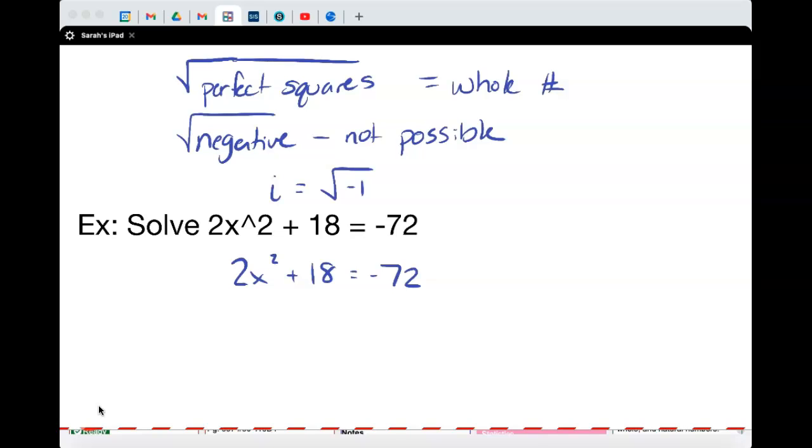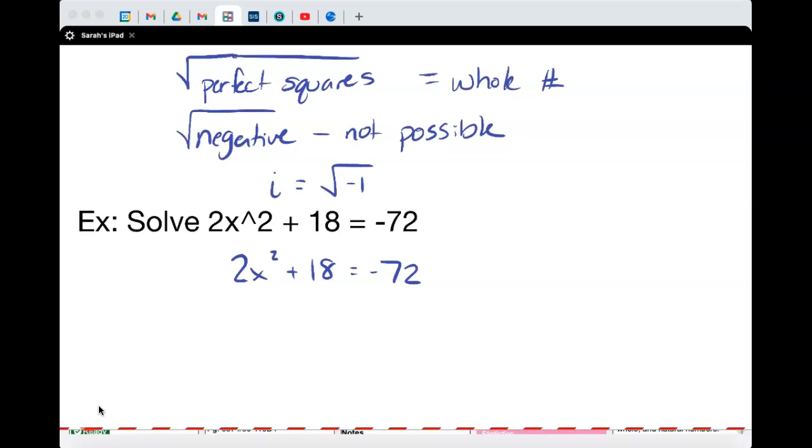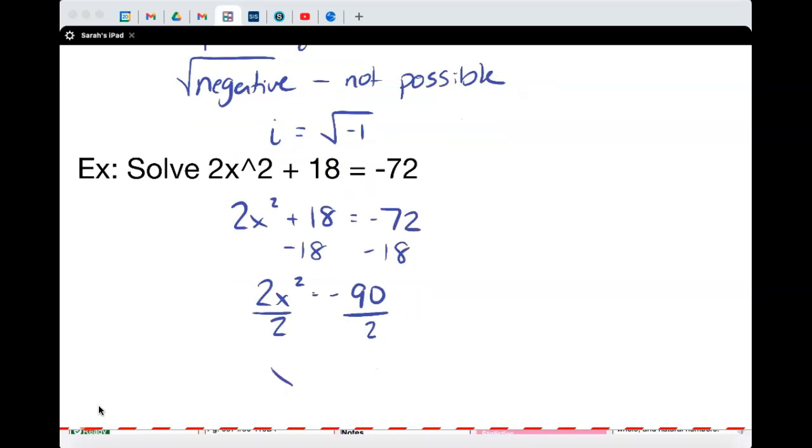What do we do first? Subtract 18. If you add 72, you're trying to factor. I don't want to factor, I just want to get x squared by itself. Negative 72 minus 18 is negative 90. Then you divide by 2. So I have x squared equals negative 45.